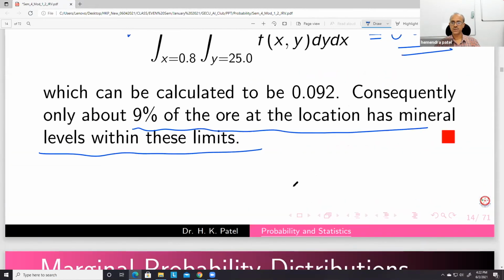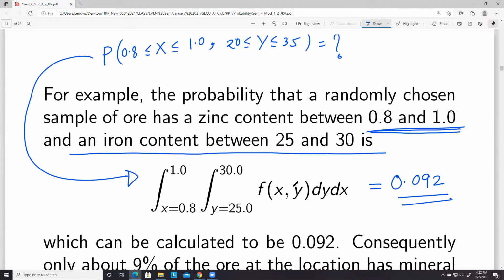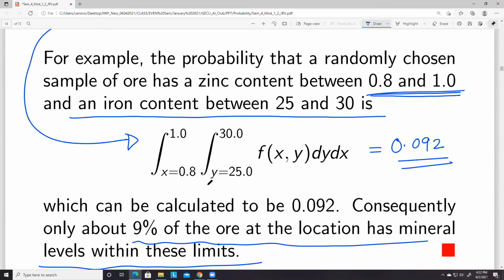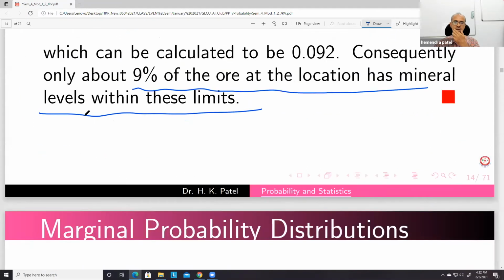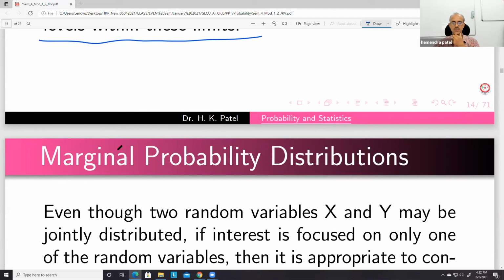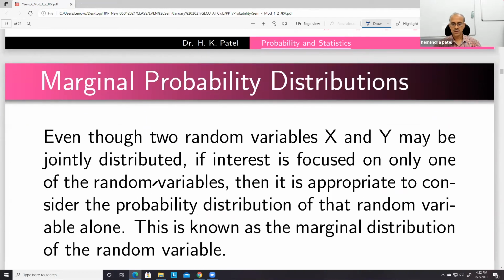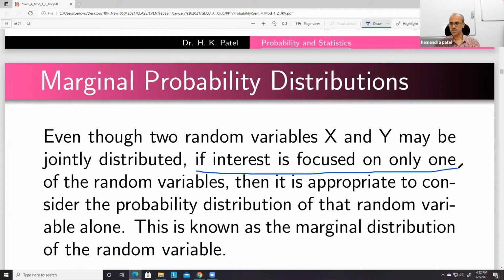So this is a general concept about joint probability distribution and cumulative distribution. Now let us see how to find marginal probability distribution. So this is important. Interest is focused on only one of the random variables.